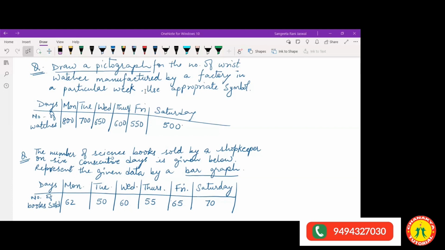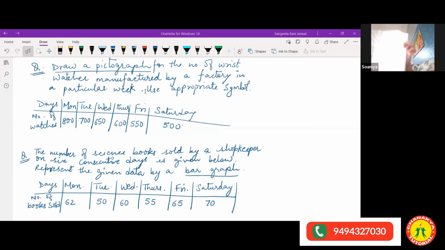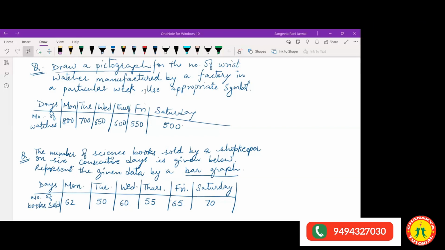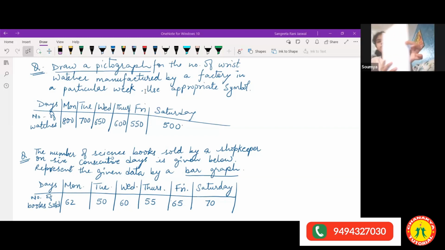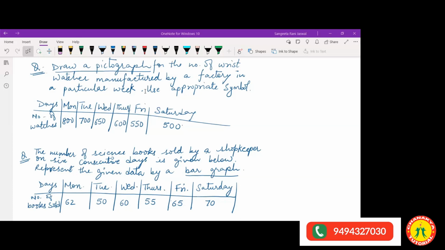Have you written the scale there on one corner? Yes, ma'am. Okay. So please write, don't just write 1 equals to 10. Write 1 unit is equal to 10 books. Yes, ma'am. I wrote that there. Yes, that's nice. Good. And mention there on x-axis you have taken days, on y-axis you have taken number of books. Good. That's the correct way.